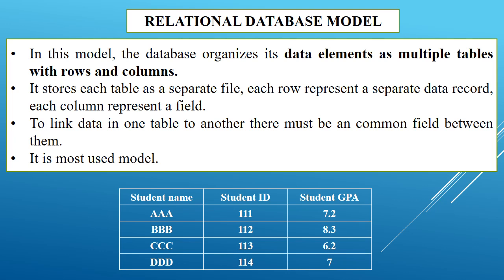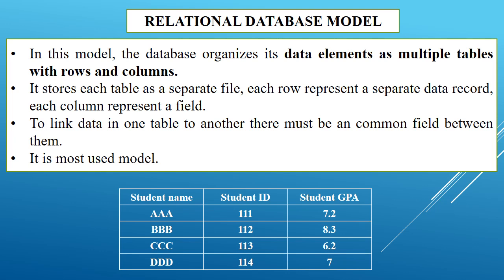Third one is relational database model. This is a very important model, because this model is commonly used in all database systems. Here the data elements are stored in the form of tables, like rows and columns, so it is more flexible, because here we can access directly. For example, I want student marks above 6 GPA.